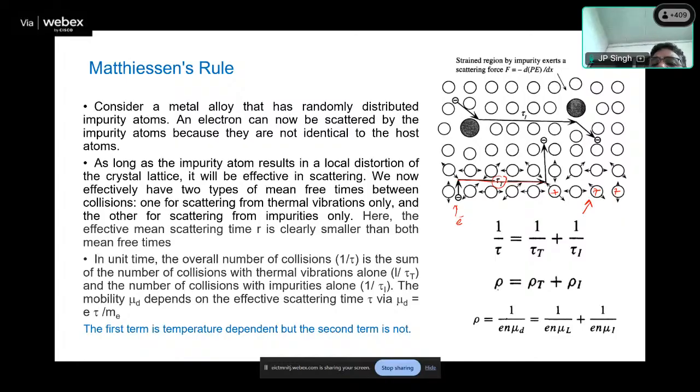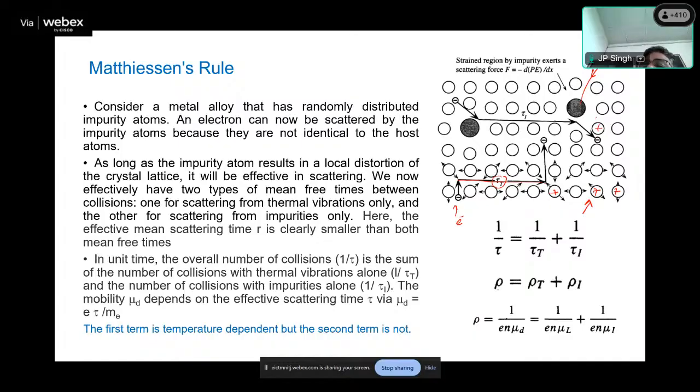Now assume that there is also some impurity in my metal, shown by the big dark circle here. The impurity atom might have a different size compared to, suppose this is copper and the impurity is maybe zinc or iron.